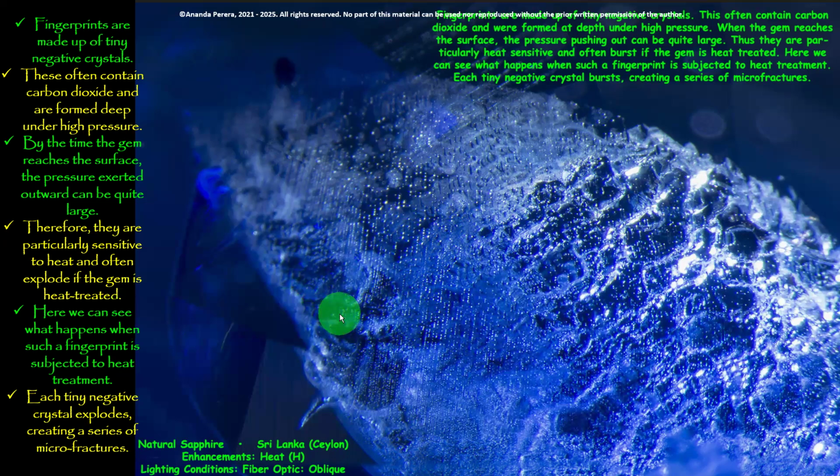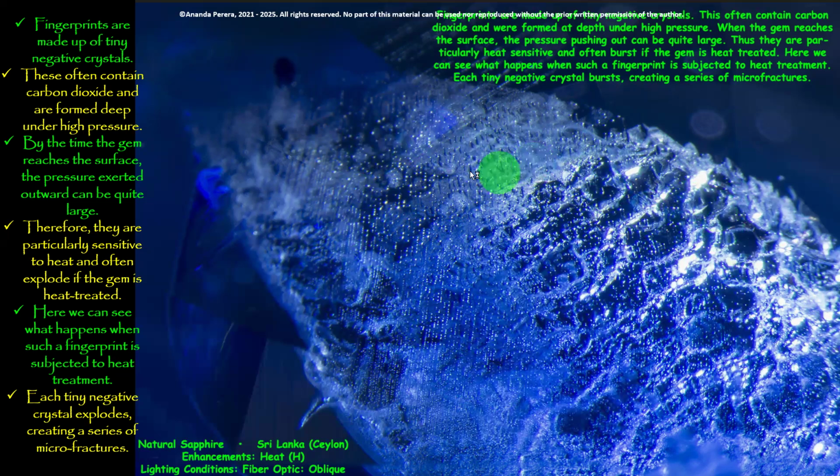Here we can see what happens when such a fingerprint is subjected to heat treatment. Each tiny negative crystal explodes, creating a series of microfractures. You can see a very big area, a big amount of microfractures inside the stone.